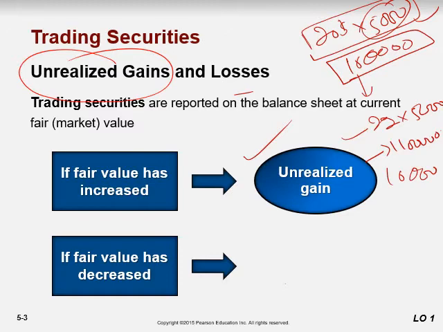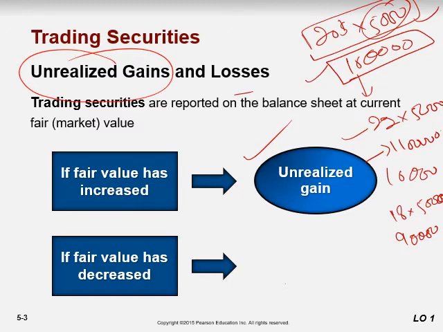What is the unrealized loss? If that value becomes 18, right? Then what happens? When you multiply 5,000 with 18, the answer would be 90,000, which means you purchased it for 100,000, and your loss is, let me just find it out, 18 multiplied by 5,000, yes, 90,000.